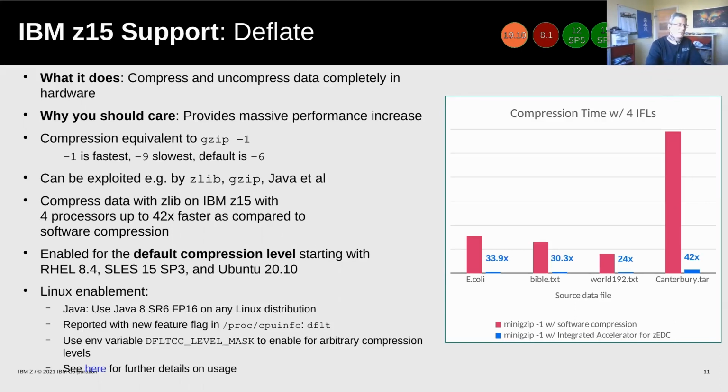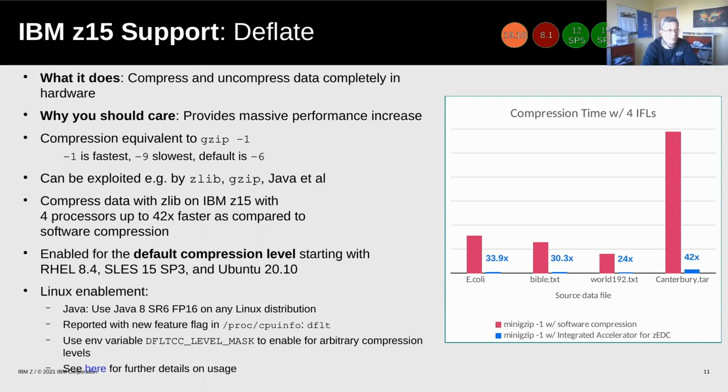Now this is a feature in our IBM C15 hardware, which we're pretty proud of, because what we did here is we implemented the gzip algorithm for compression and also for uncompression for that matter, completely in hardware. It's becoming available as a hardware instruction, and that's got to be terribly fast.